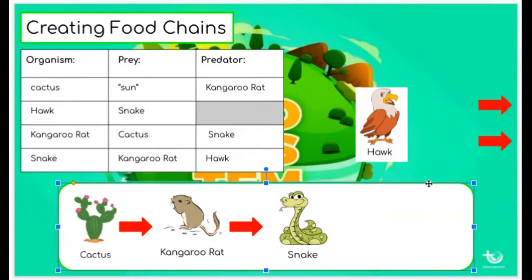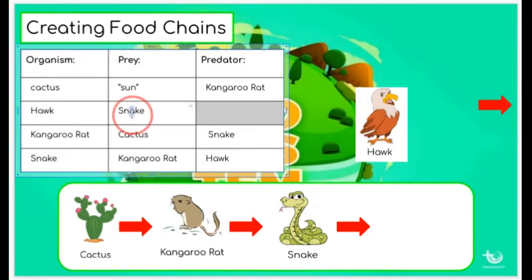Now we only have one organism left, but let's go ahead and confirm in our table that what we've done makes sense. Let's look for hawk. So hawk should have snake as prey, or snake should have hawk as a predator. It looks like both cases are confirmed there.